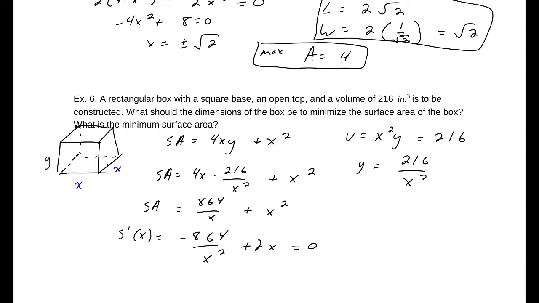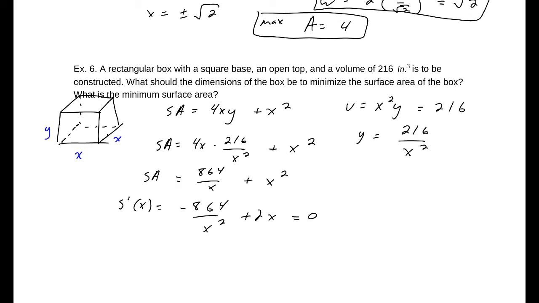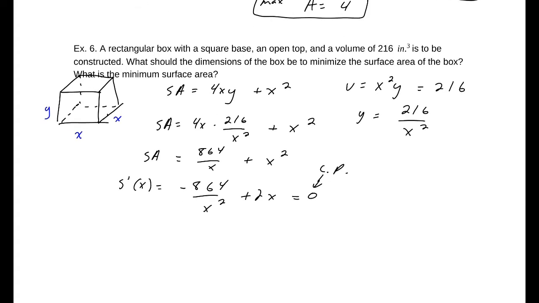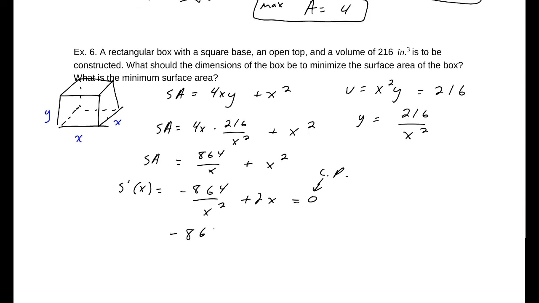Now setting that equal to 0, find our critical points. Now let's clear our fractions. Clearing our fractions, we get negative 864 plus 2x cubed equals 0, and x is going to be 6 times the cube root of 2.